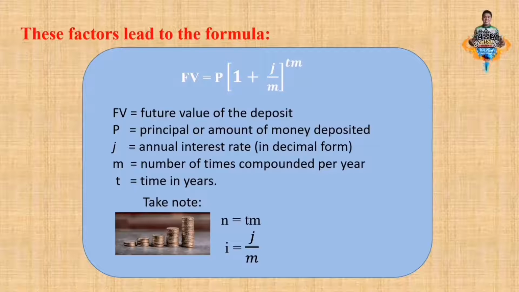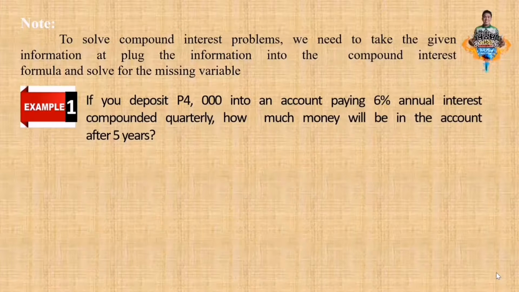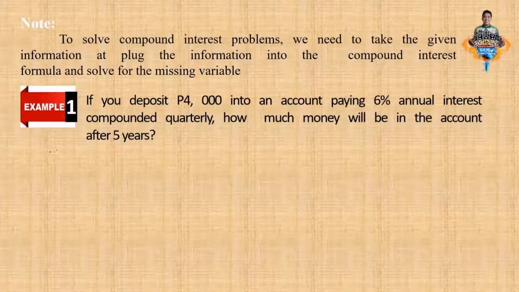Let us have example number 1. If you deposit 4,000 pesos into an account paying 6% annual interest compounded quarterly, how much money will be in the account after 5 years? So again, let us apply our standard way of solving the problem by listing the given.